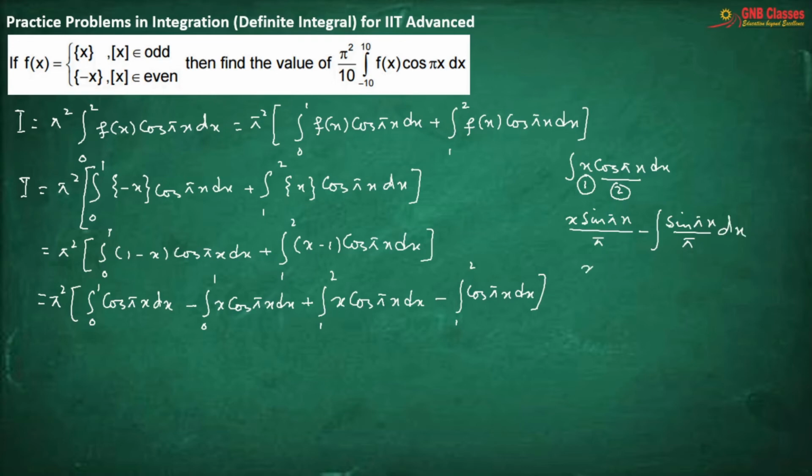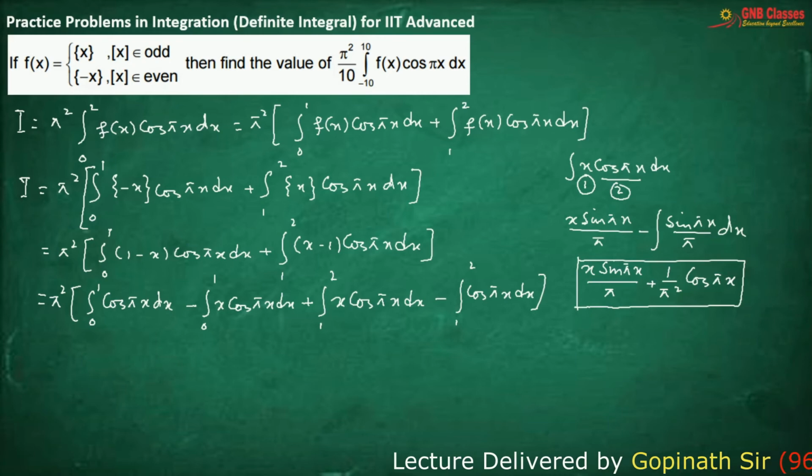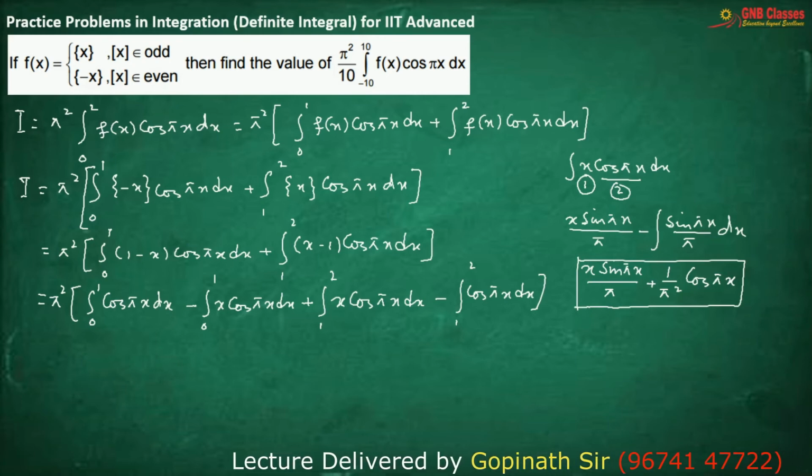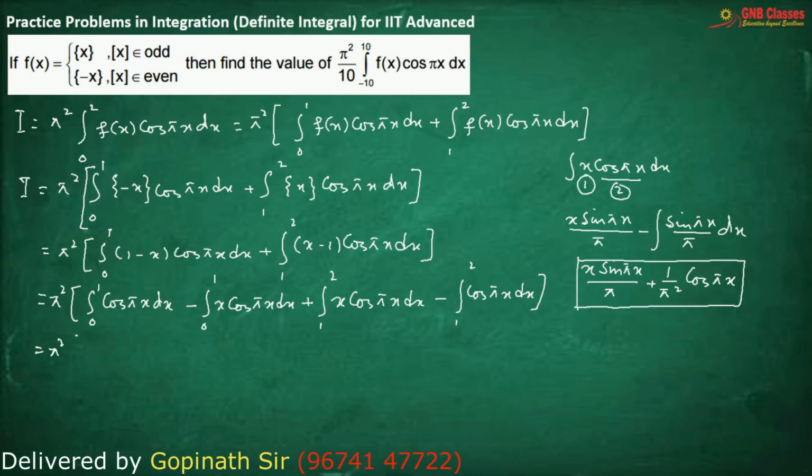So it's x sin(pi x) by pi plus 1 by pi square cos(pi x). Just remember this, because I'm going to replace this value everywhere we find the integral of x cos(pi x) dx.